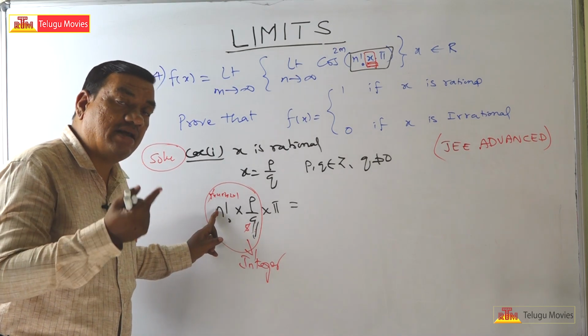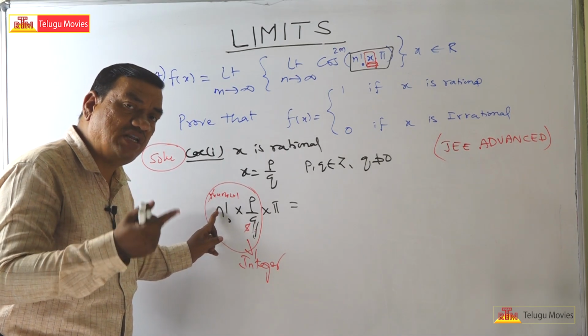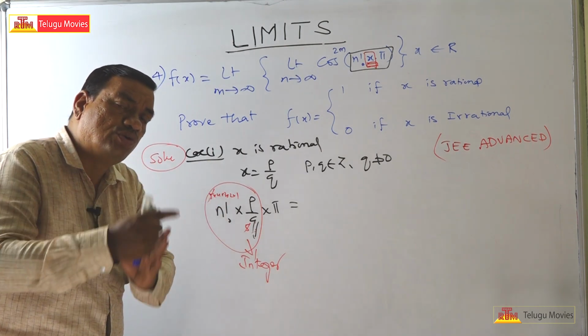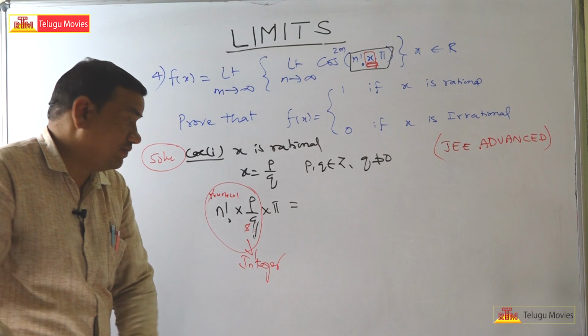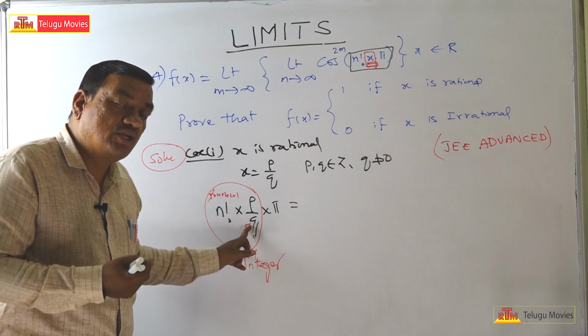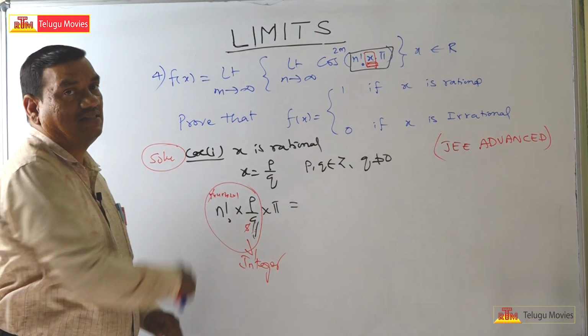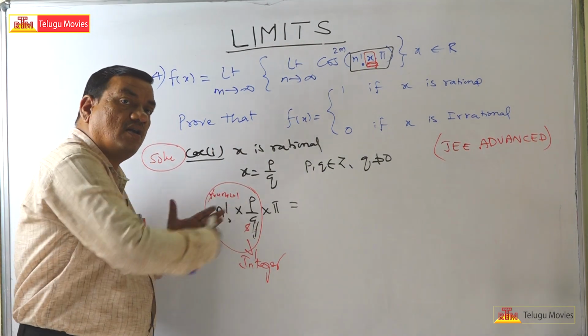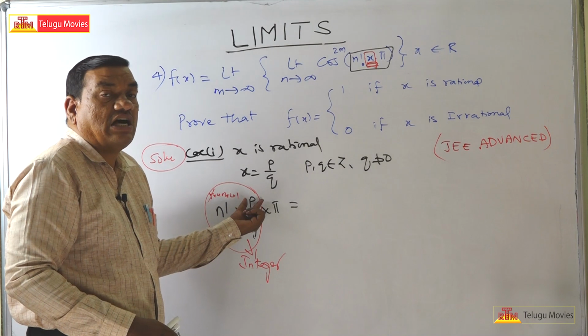Take any number n, some 10 factorial, 20 factorial, 30 factorial, 30 into 29 into 28 and so on, 3 into 2 into 1. We can choose one number q such that it can be cancelled. For example, if I take 28, we can cancel. The remaining are all integers, and p is also an integer.